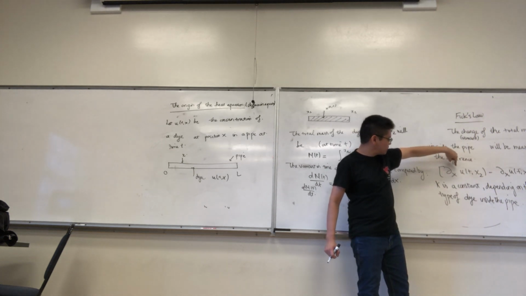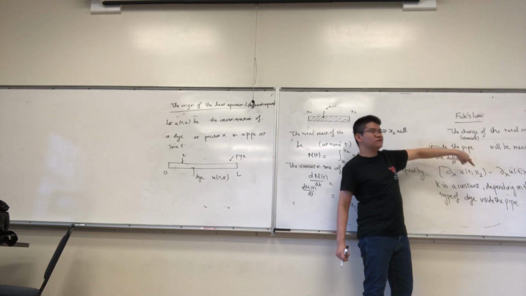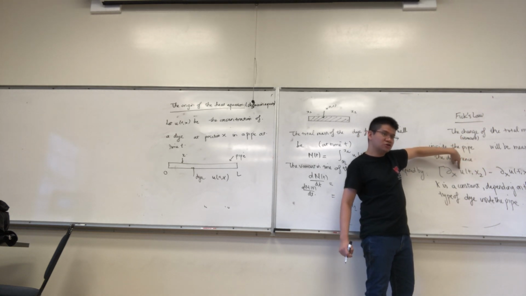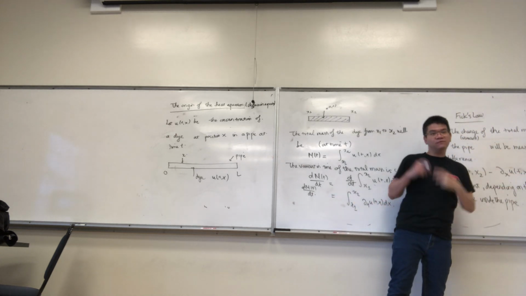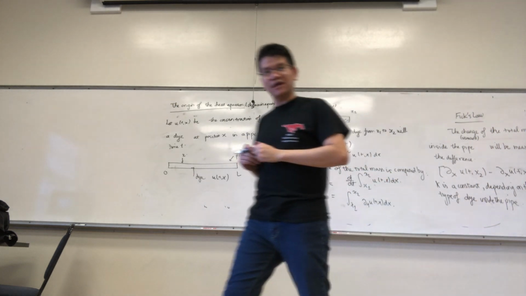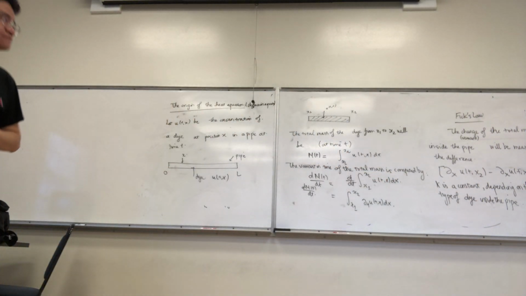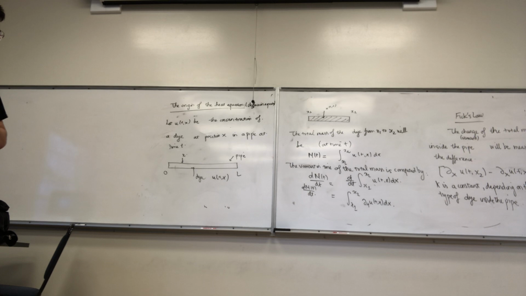So you measure the change of the density, which is the derivative of the concentration, and then you subtract the two quantities at x2 and x1, and you multiply that with a constant, and this constant depends on the type of the dye. So now I have an equation. Can you tell me what is the equation?